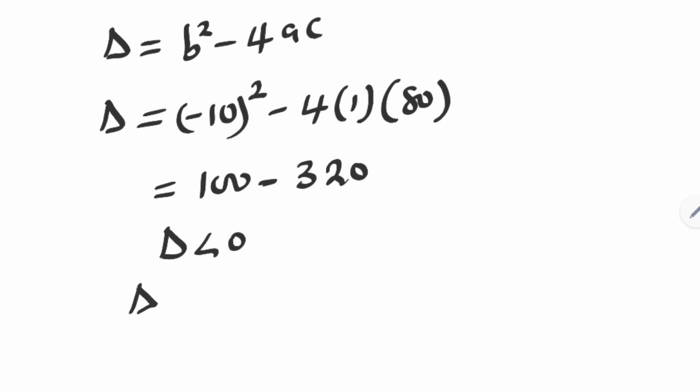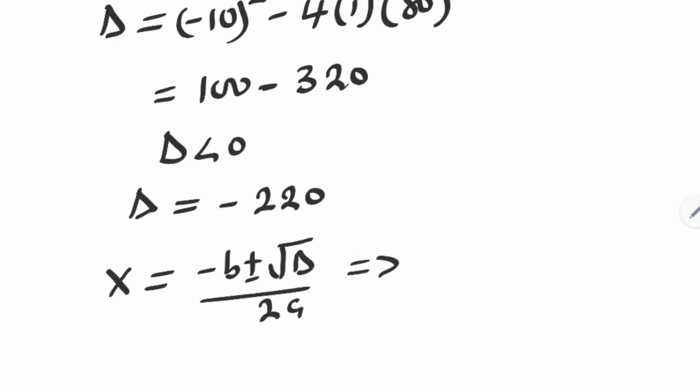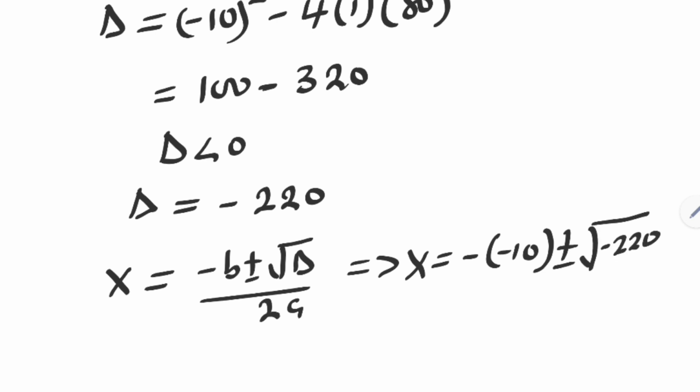Then d is equal to minus 220. x is equal to minus b plus or minus square root of d divided by 2a, and this can be written as x is equal to minus bracket minus 10 plus or minus square root of minus 220 divided by 2 multiplied by 1.